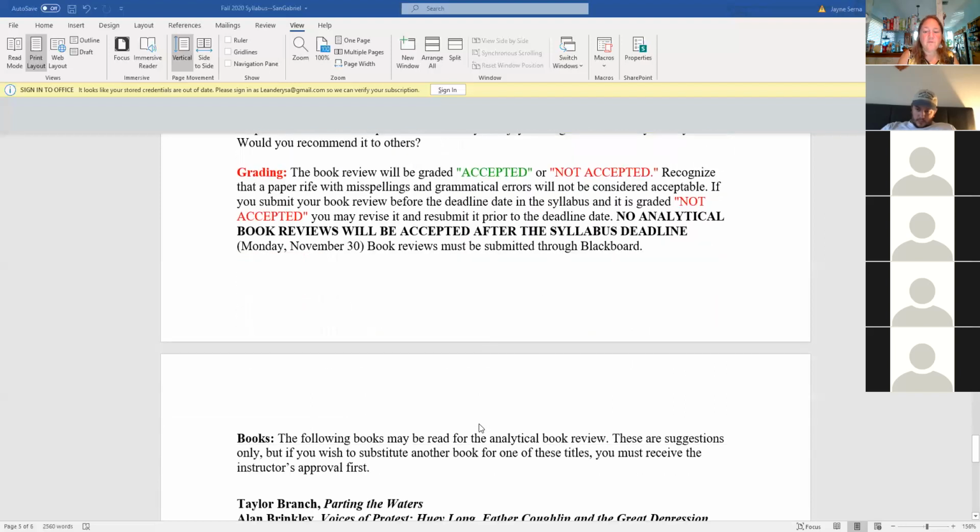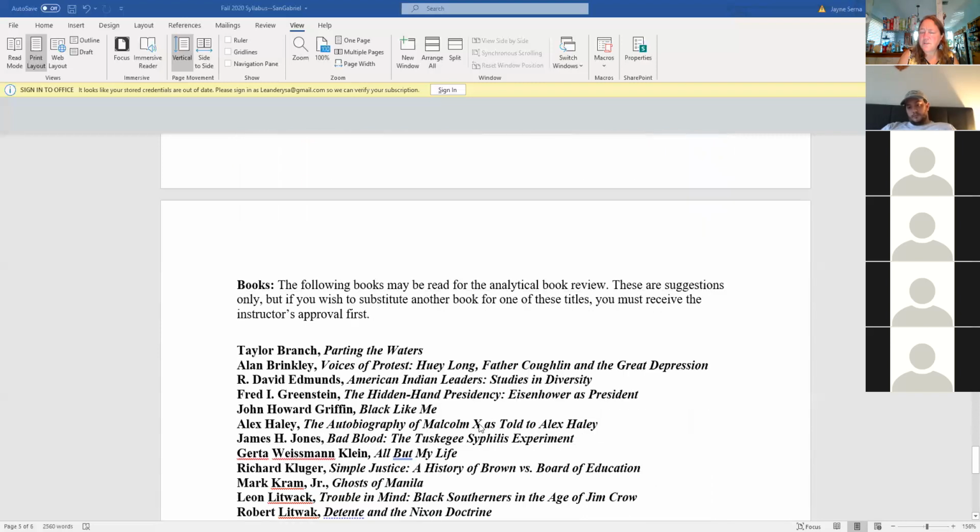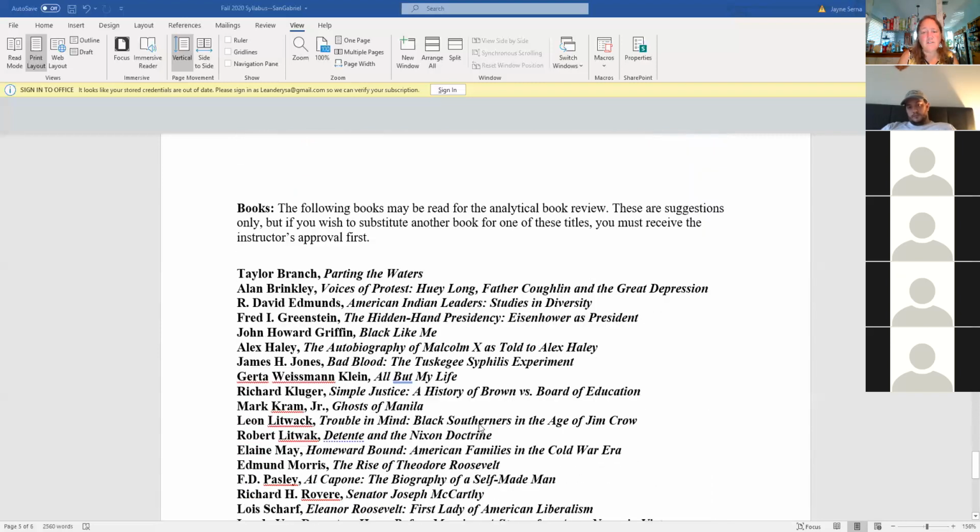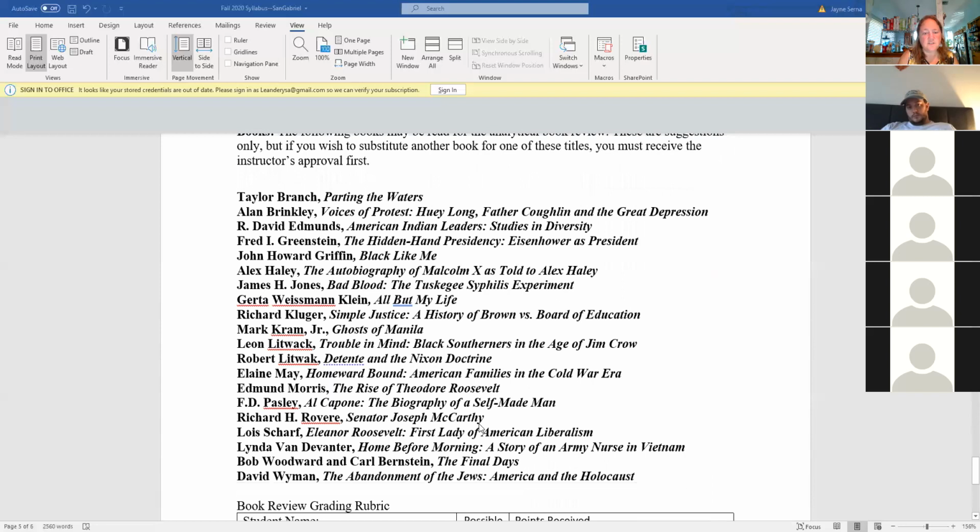Okay. And I have a list of books, but you absolutely don't have to choose a book from this list. If you want to read something else, just let me know, because it's a really small list, and it's mostly stuff that I read for some other classes, or that I suggested for some students.